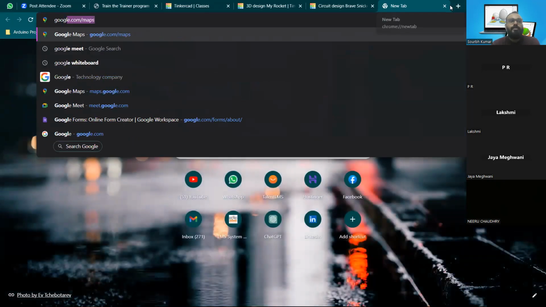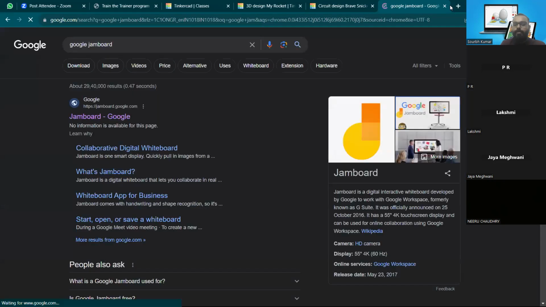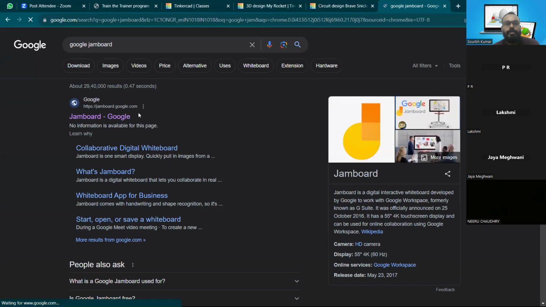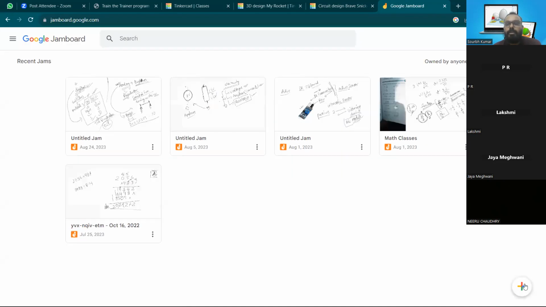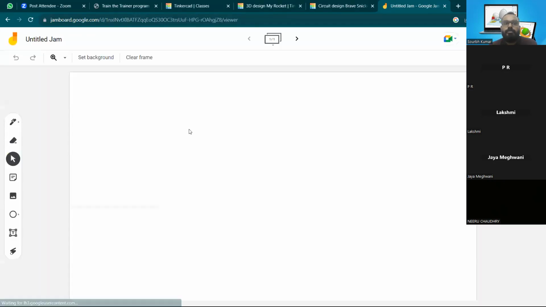So let me open the Jamboard first. Okay, I'm creating a new jam in here. Yes, now the screen is visible, I believe. Whenever we add something, like the batteries and other things, suppose we have one battery.